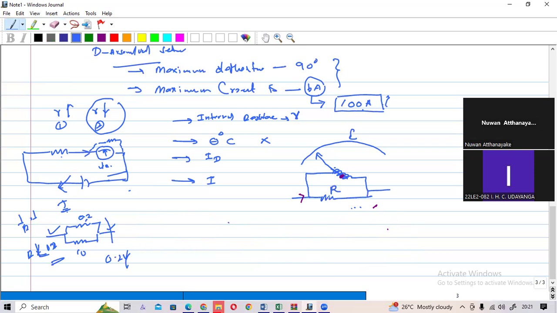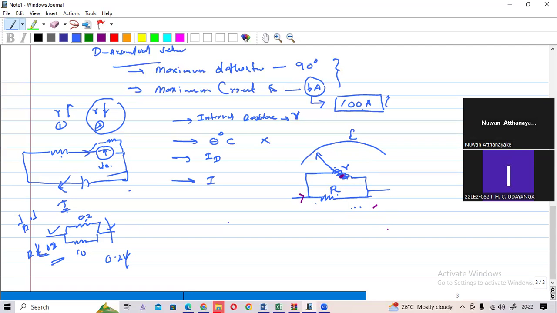Let's say that is simple R, and the ammeter's internal resistance is capital R. This R does not affect the performance of the ammeter, because once you connect this kind of resistor, the total resistance will be reduced. That is good for the ammeter. It is a good impact if we fix a resistor in parallel. It is not a bad impact.